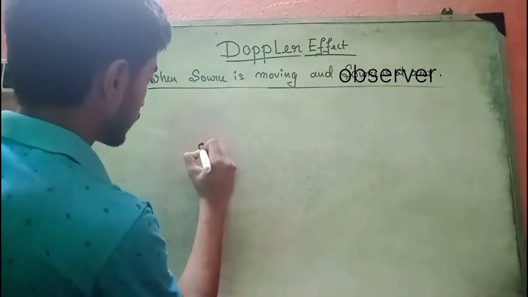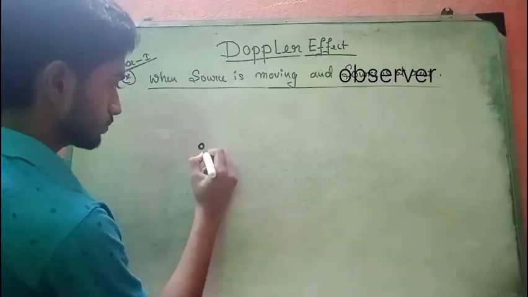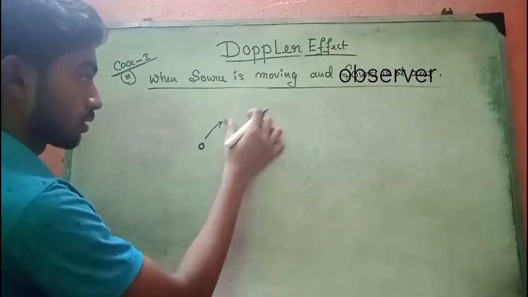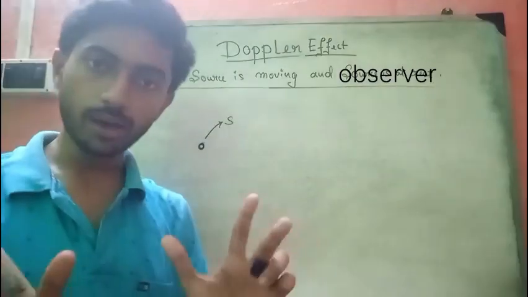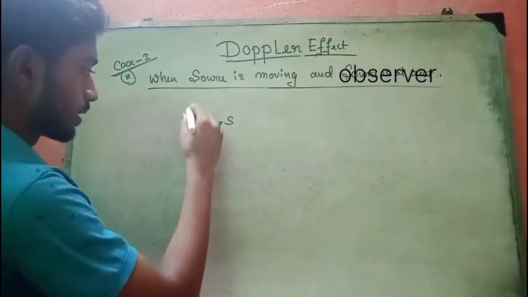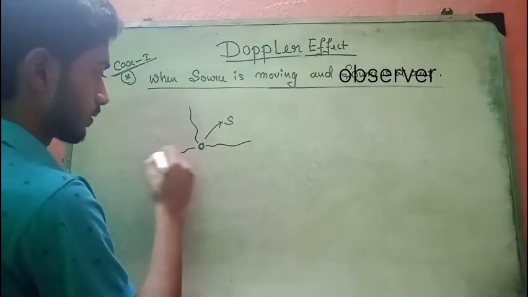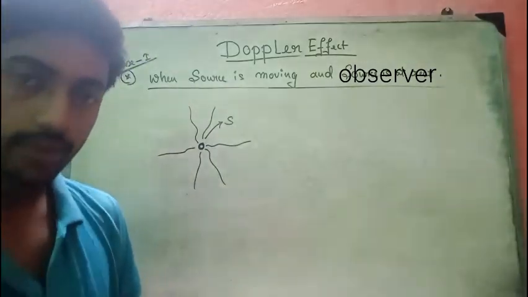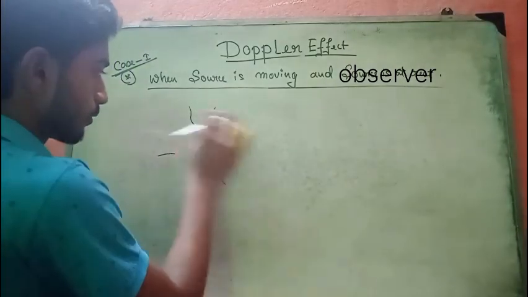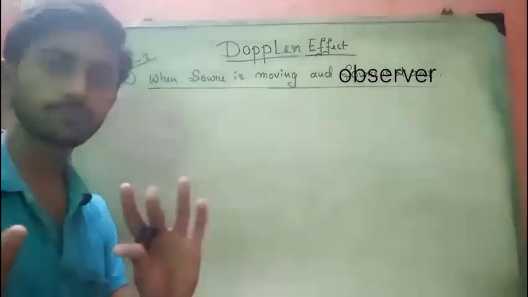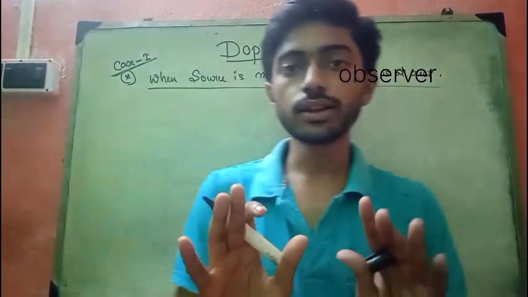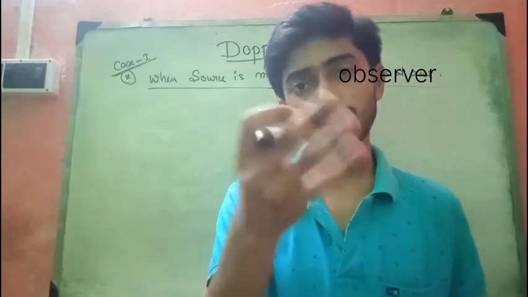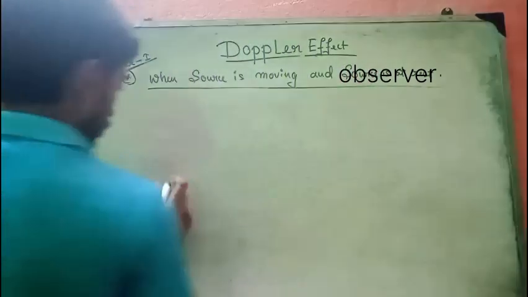So here it is a source. The source is denoted by S. It's emitting some wavelength. Let's assume the wavefront of the source is spherical.